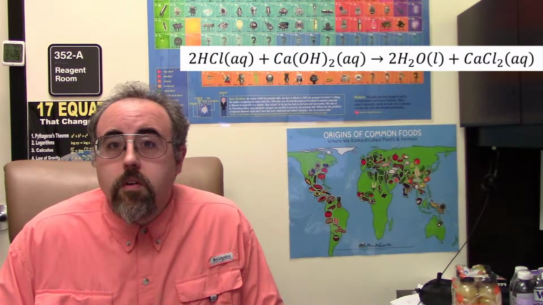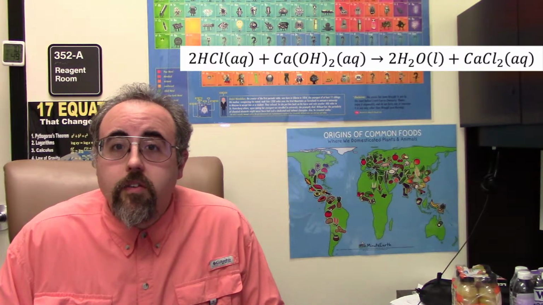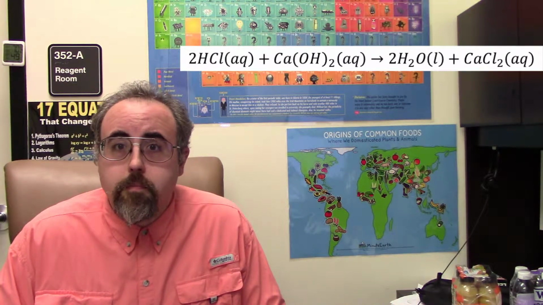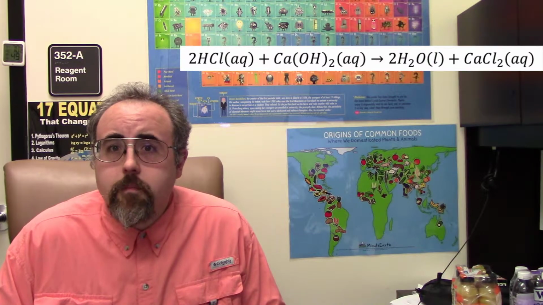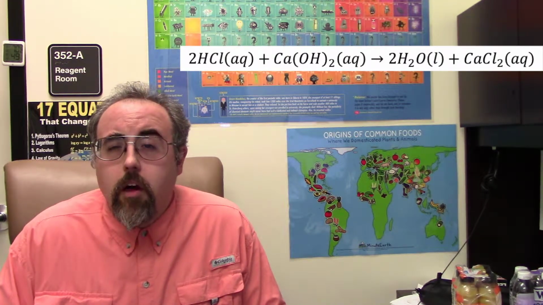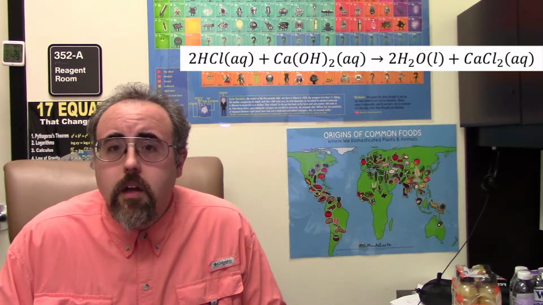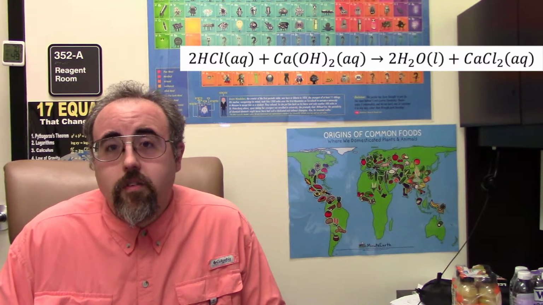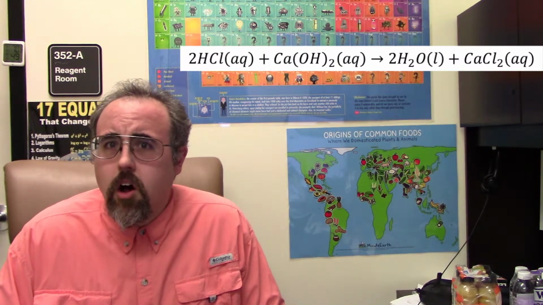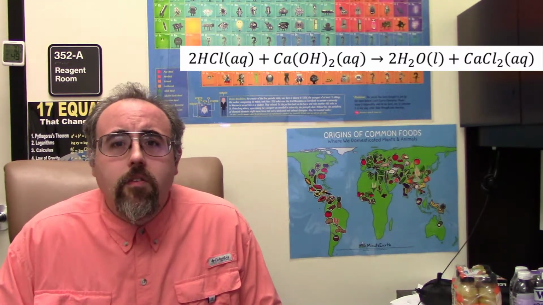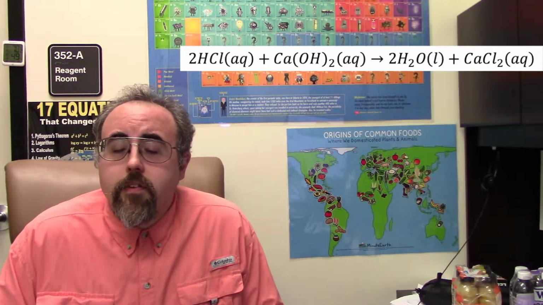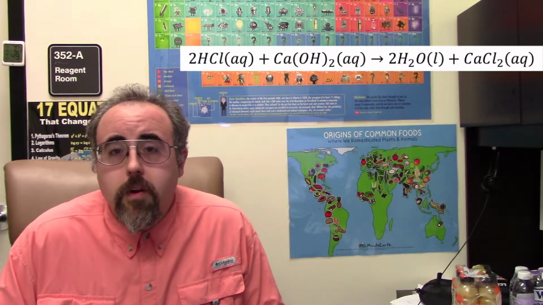So state symbols would include, say, (g), indicating that the preceding chemical was a gas, (l), indicating it was a liquid, (s), indicating it was a solid, all fairly straightforward here, and one that's a little bit of a curveball, (aq).